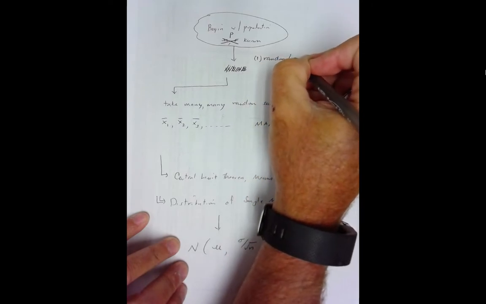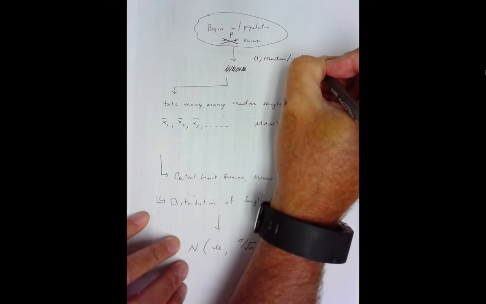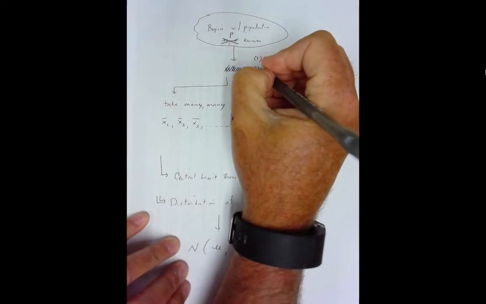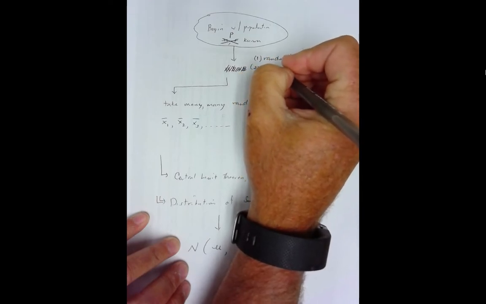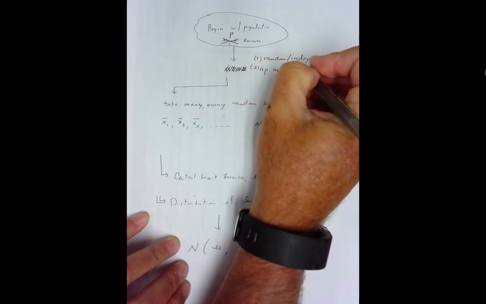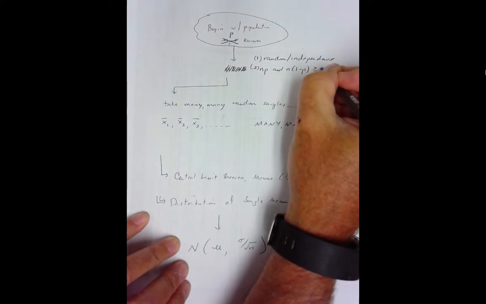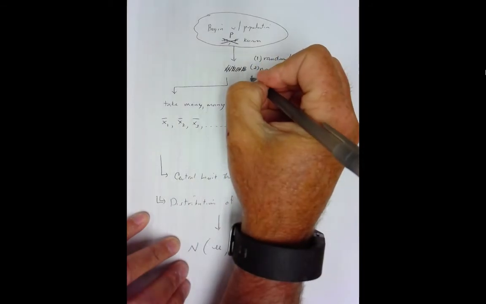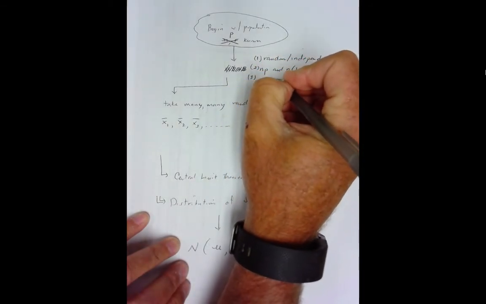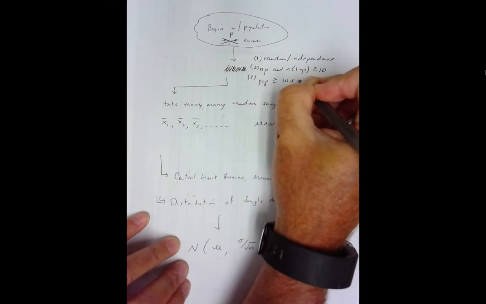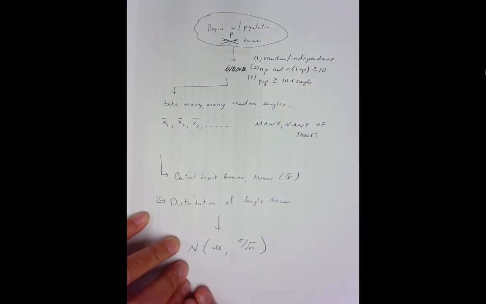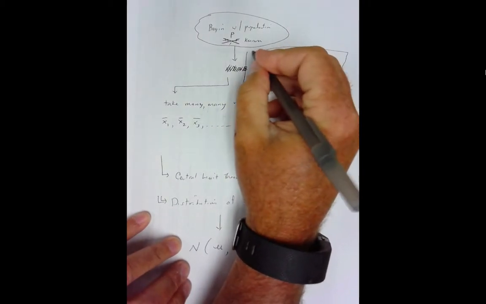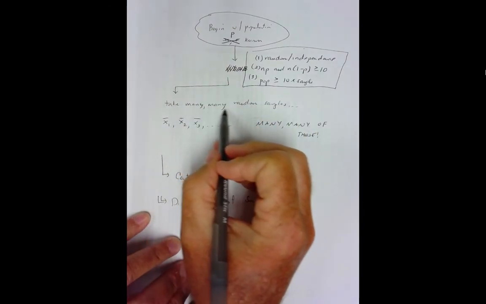You got to have randomness and independence. You got to have n times p and n times 1 minus p greater than or equal to 10. I know that looks like a lot, but it's not. And your population has to be greater than or equal to 10 times your sample. If these 3 conditions are met, then you proceed down to taking many random samples.